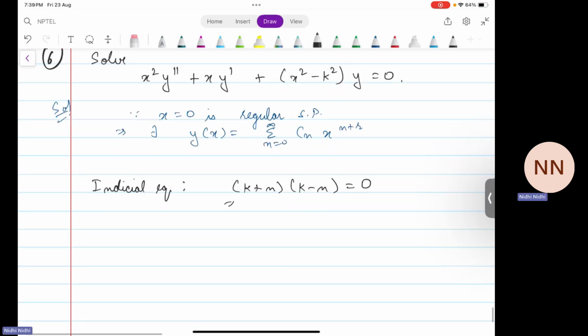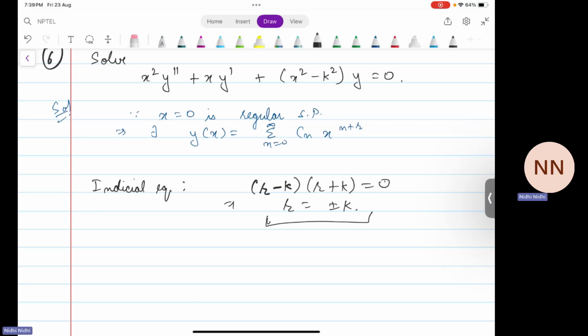Sorry, it is (r minus k)(r plus k) equals to 0. So r would be plus minus k.